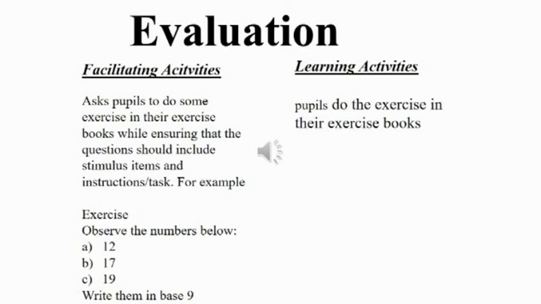A, B, and C are the items, while write them in base 9 serves as the instructions and the task. When the teacher gives them, he moves around the class to encourage slow learners as the pupils execute the exercise.